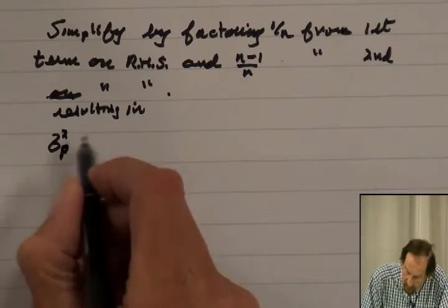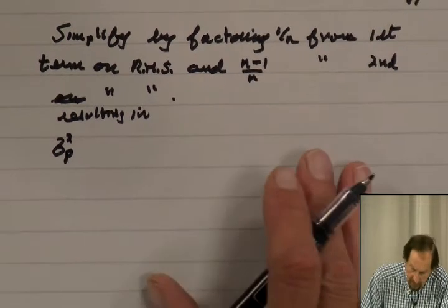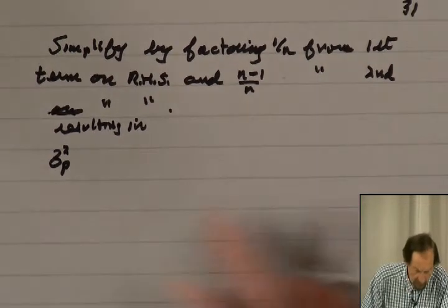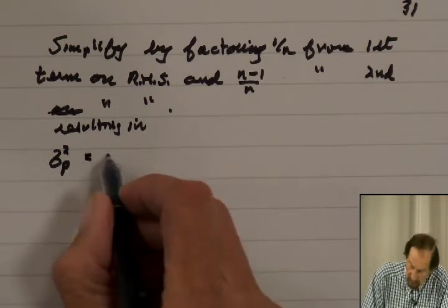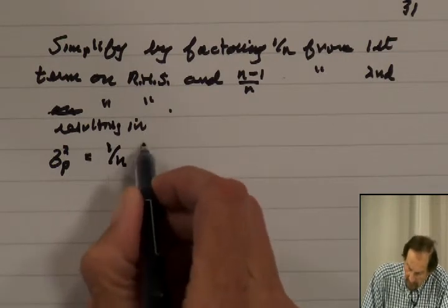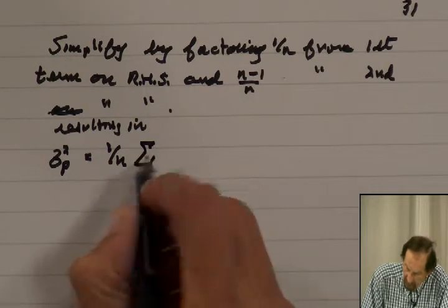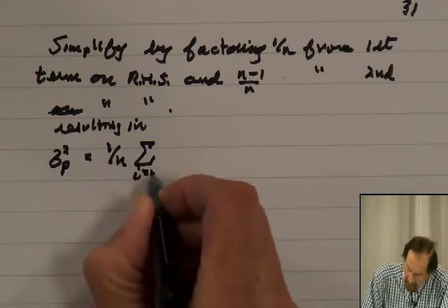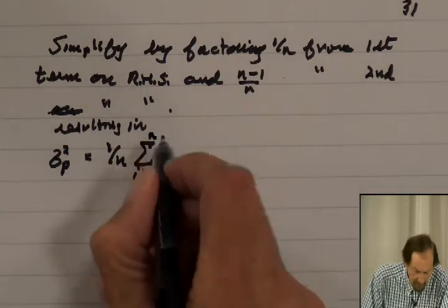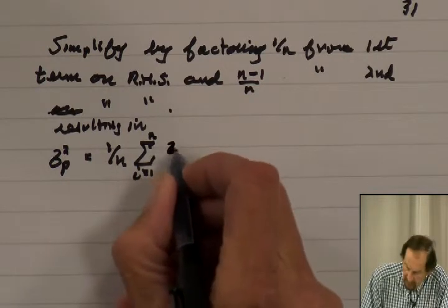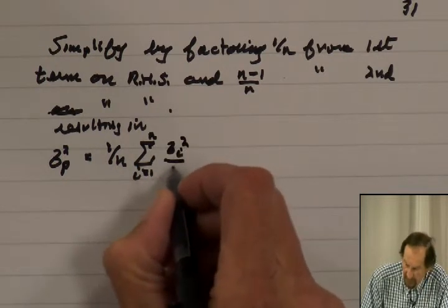The portfolio risk or variance equals 1 over n times the summation i equals 1 to n of sigma i squared over n.